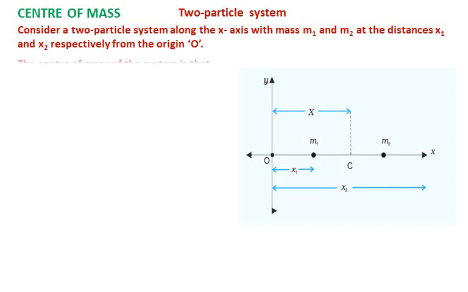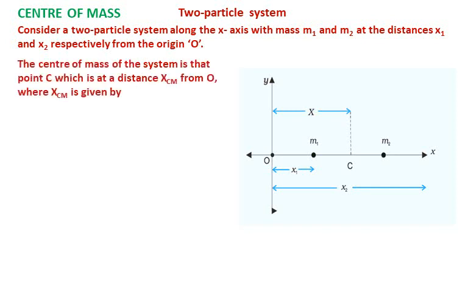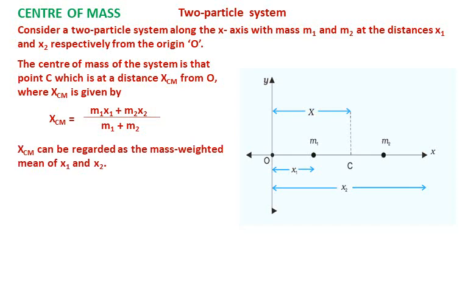As shown, the center of mass of the system is that point C which is at a distance x_cm from O, where x_cm is given by (m1x1 + m2x2)/(m1 + m2). x_cm can be regarded as the mass weighted mean of x1 and x2.